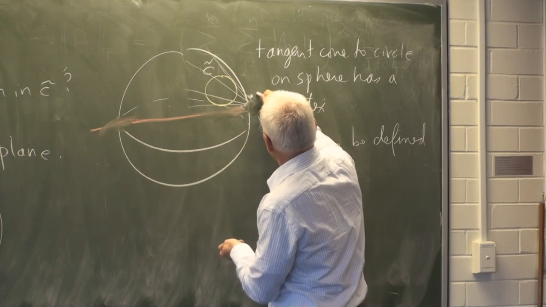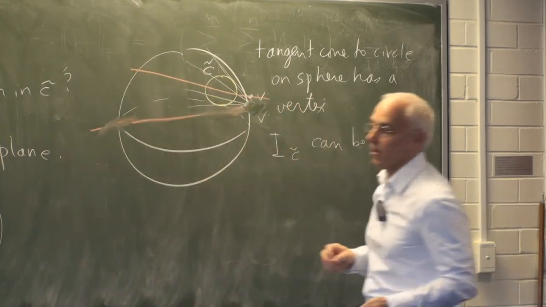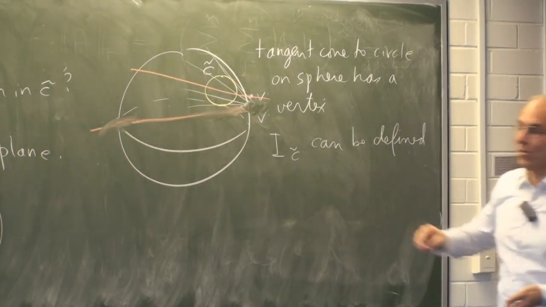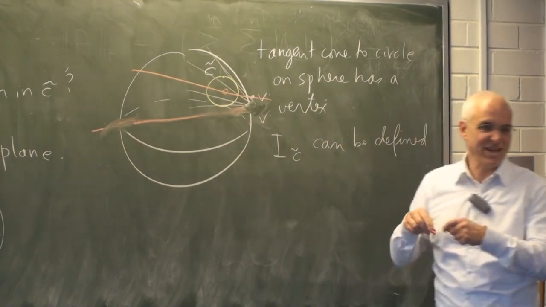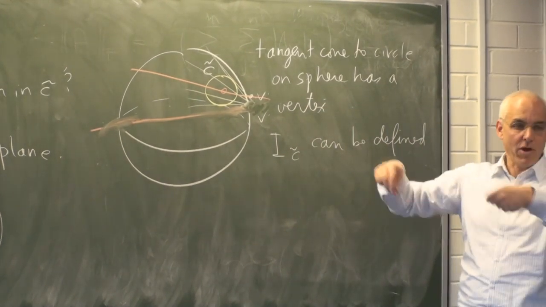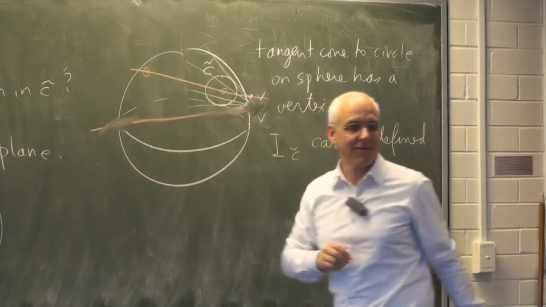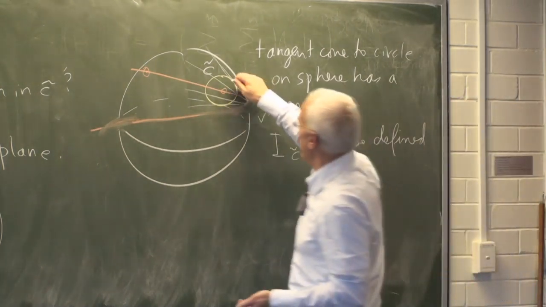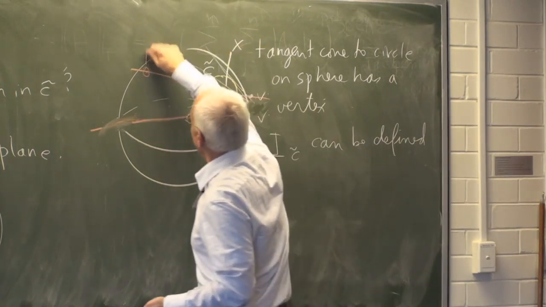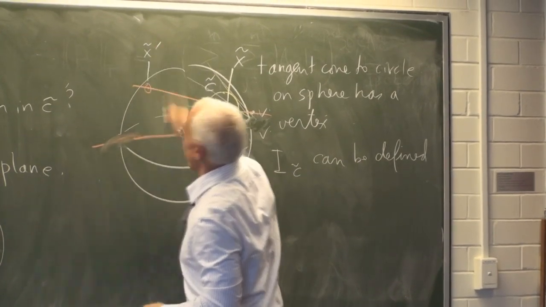So the vertex should probably be here, and I will draw the line like this. And it will intersect the sphere in 1 point inside the circle and 1 point outside the circle, perhaps around the other side. And that defines a mapping between the point x tilde and the point x tilde prime.